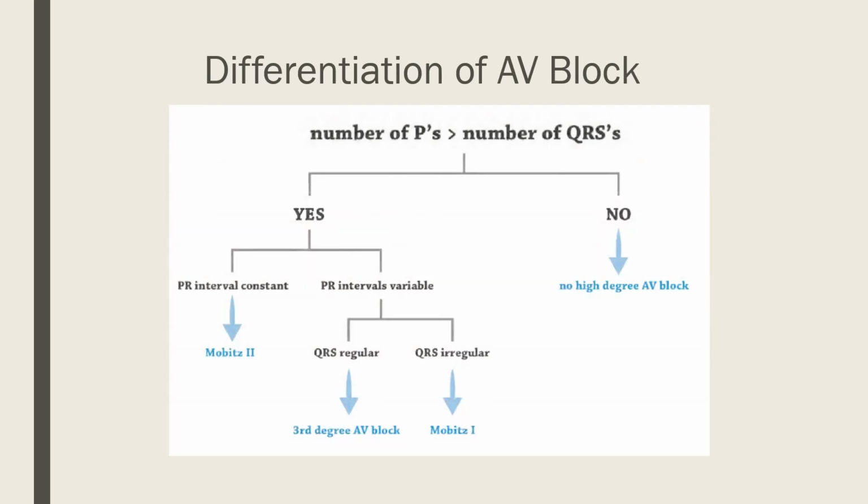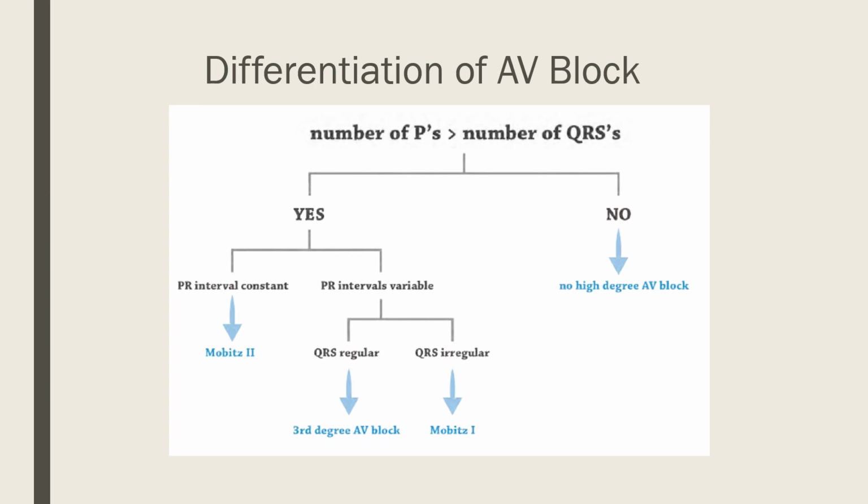So, to differentiate between the high degrees of AV block, we follow this chart. When we find the number of P waves in excess of the number of QRS complexes, there is a high degree AV block.